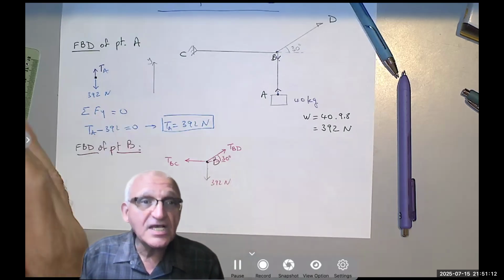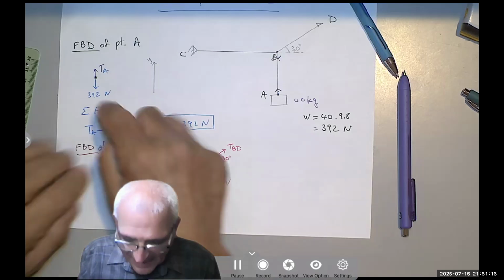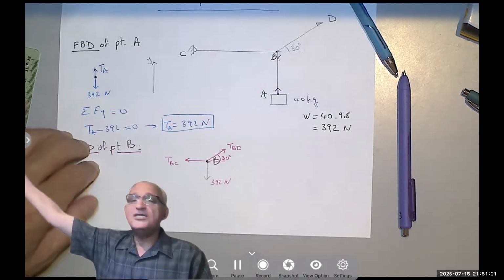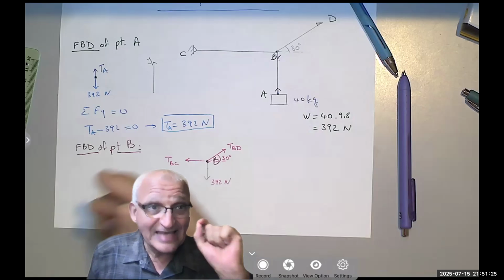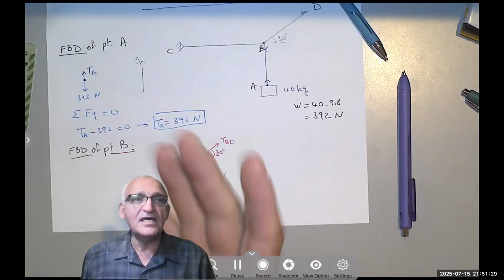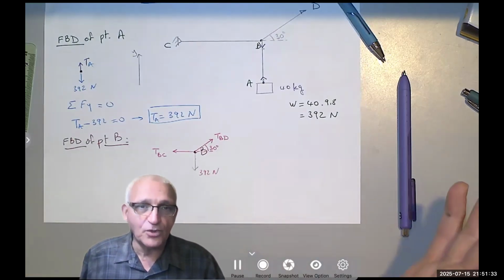Everything you use has to be on your free body diagram. Why? Because now I can cut this piece and send it to any engineer in the world. They don't need to ask me what this angle is. If they had to ask me, it means I did a horrible job, a very lousy job. I didn't show my work.